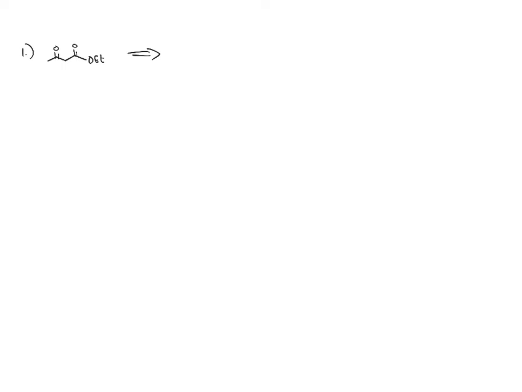So we could basically identify this piece right here as being our enolate piece, and this piece here as being our electrophile piece. So the enolate piece would, of course, come from this enolate. The electrophile piece would have this kind of reactivity, where we've got a doubly bonded oxygen with a positive charge on the carbonyl carbon.